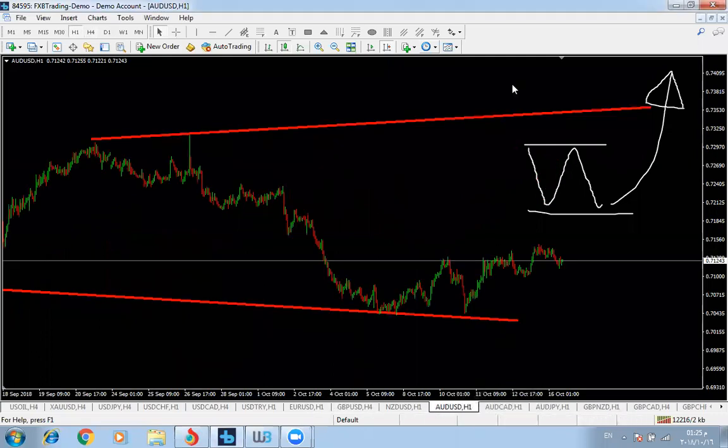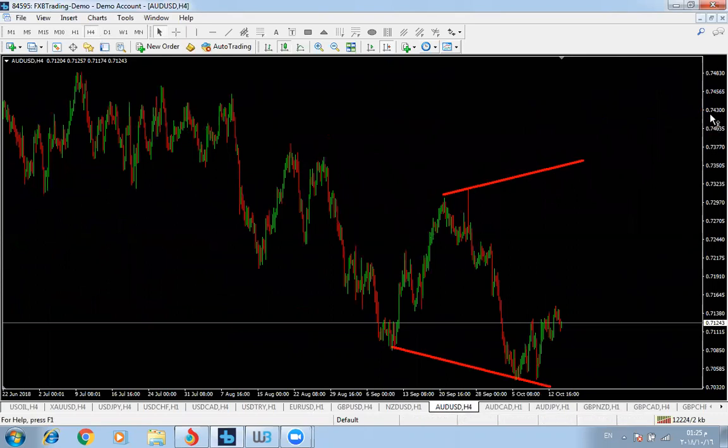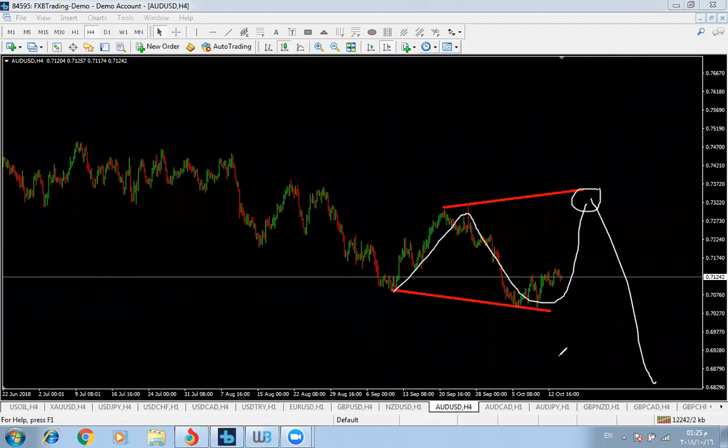The same thing is applied to the Aussie dollar, where we are anticipating the price to move to this area before resuming to the downside.